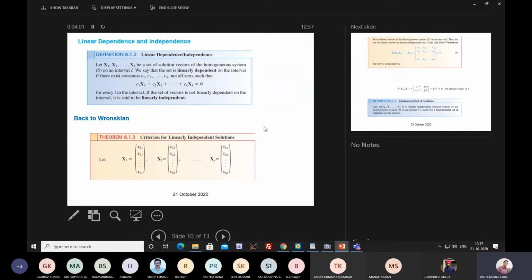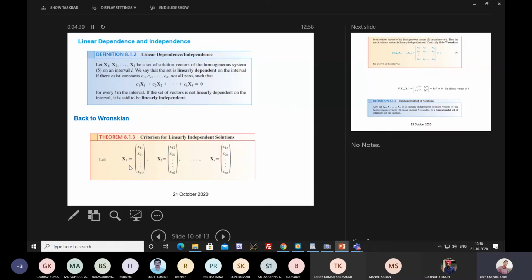So, do you recall the Wronskian, the definition of Wronskian in terms of solutions of a system of homogeneous first order linear equations? Does it ring a bell? Wronskian? I think you can already see there.